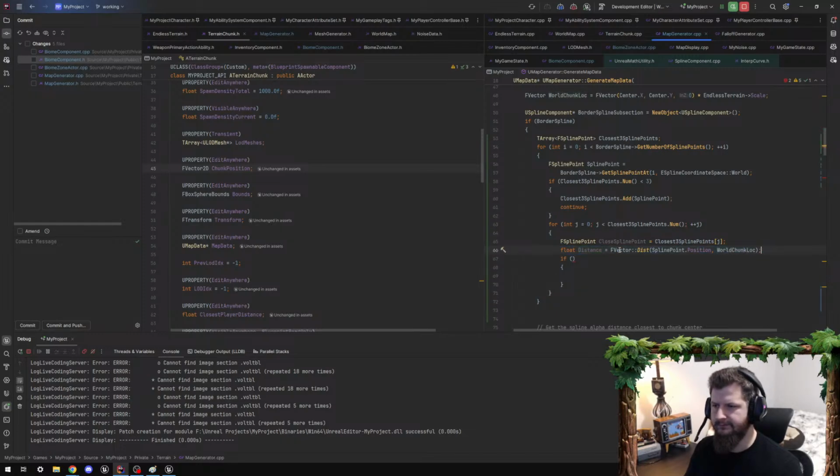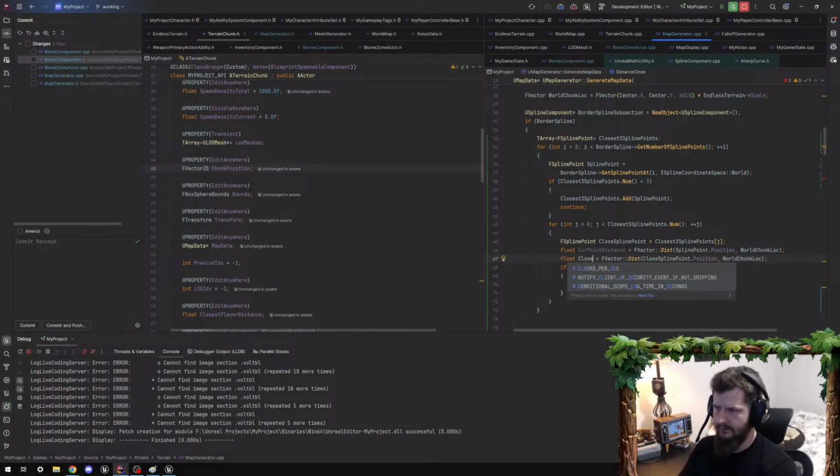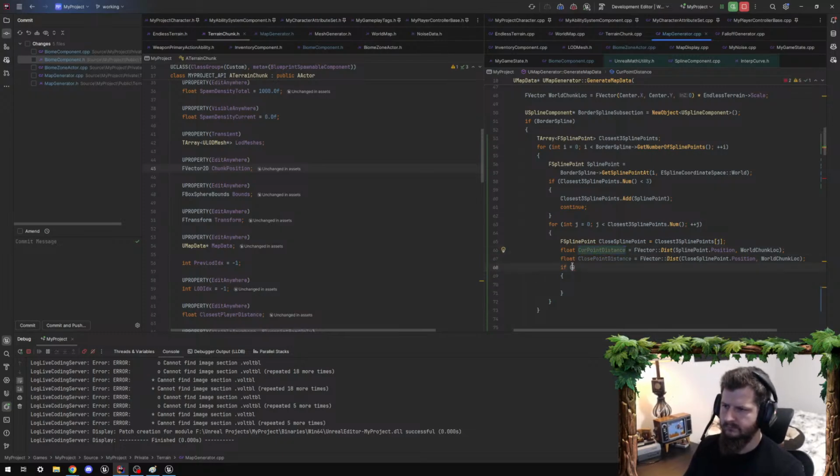If float distance to the current spline point, cur point distance to close point, is less than close point distance, then we want that one.